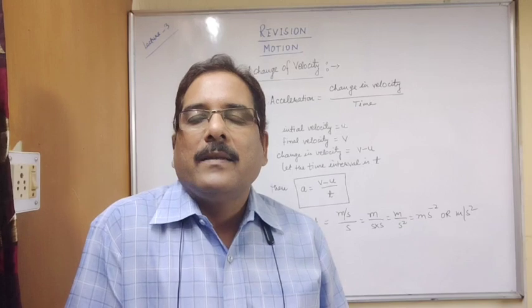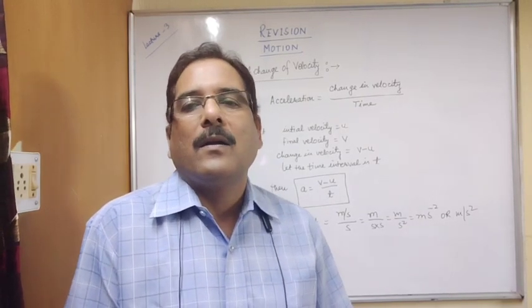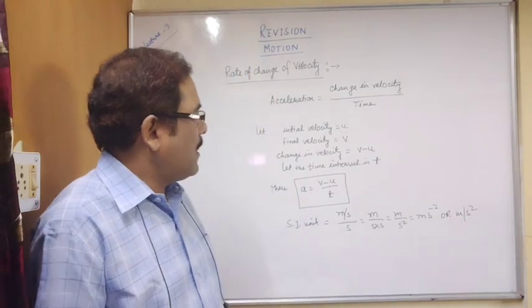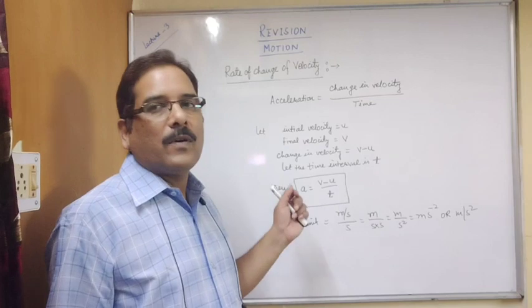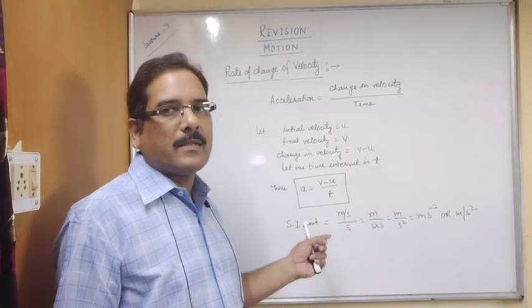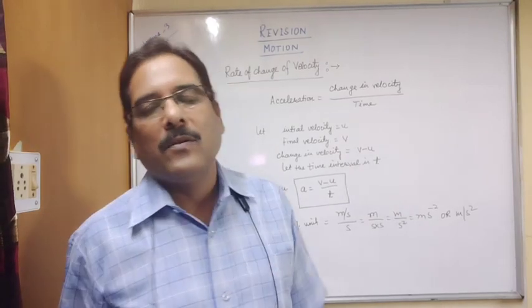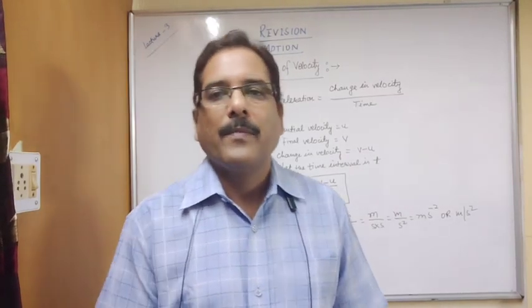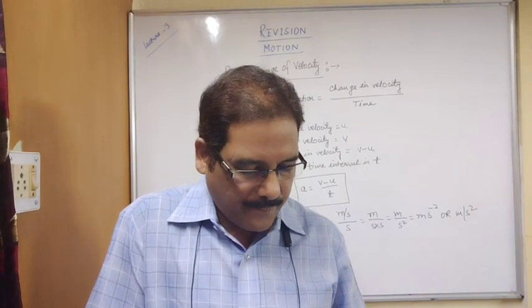We are revising. I think most of the students know these things, but those who were not attentive in the beginning must remember what the definition of acceleration is, what the formula to calculate acceleration is, and what its SI unit is. Now, acceleration may be uniform or non-uniform. How can we define uniform acceleration?